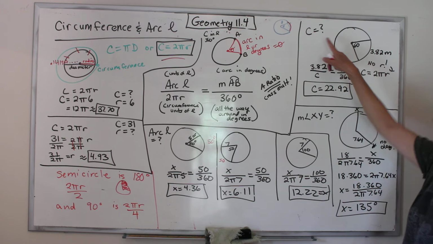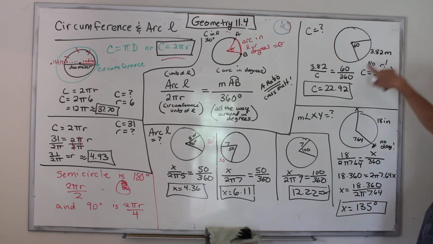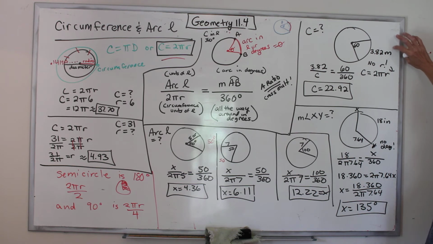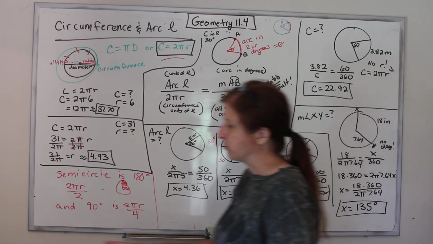Okay, how about this one? This time they want the circumference. They gave us the degrees and the arc length in meters, but they didn't give us the radius. So that's what we're missing here. The radius is right there in the circumference, and they're asking for circumference.